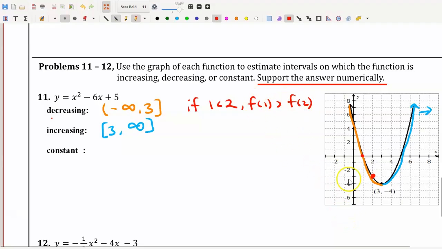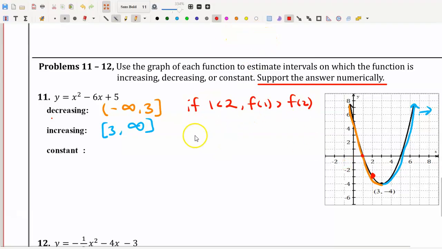This y value right here of 0 is going to be bigger than this y value at f of 2, which is negative 3. That's another fancy numerical way of saying this is going down, because since 1 is less than 2, but f of 1 is bigger, it's bigger up here than it is right here, that must mean that graph is going downward.